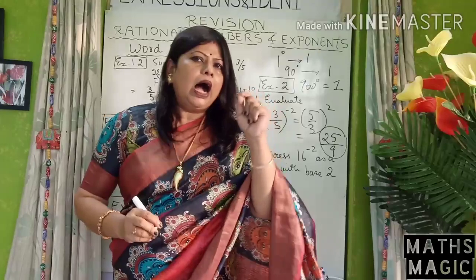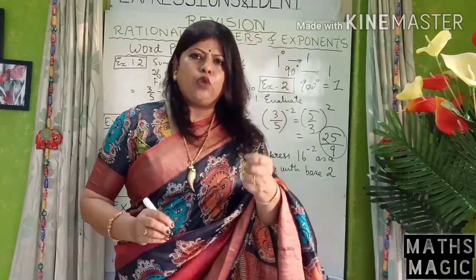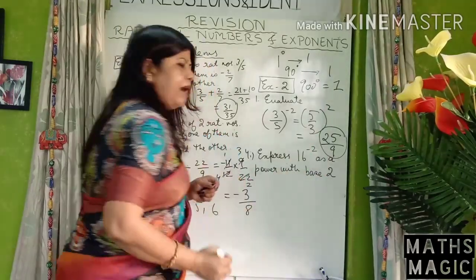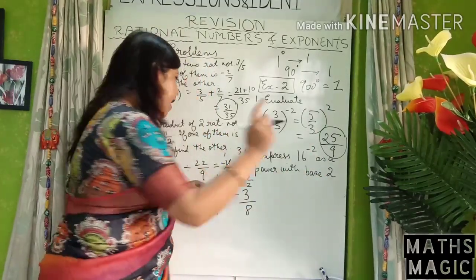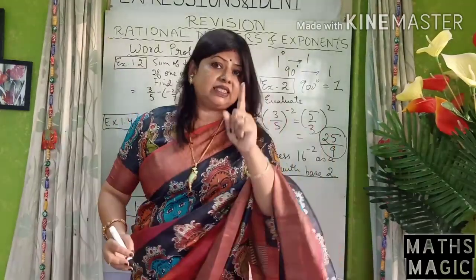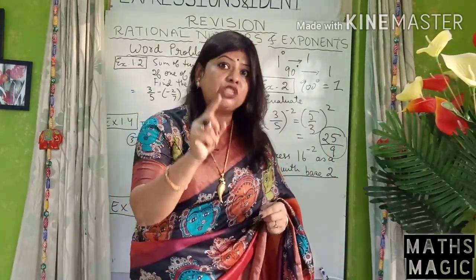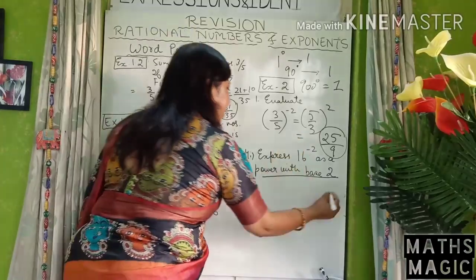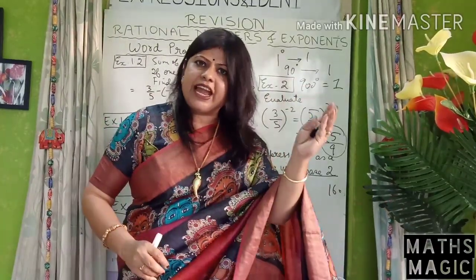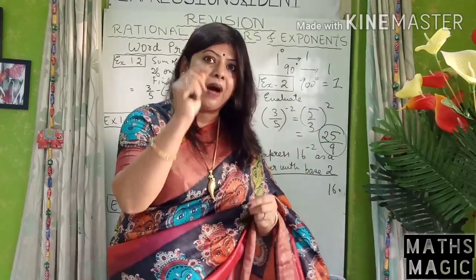Follow students, another little different kind of question here in exponents. You see, express 16 to the power minus 2 as a power with base 2. So here your base is 16, you have to change the base to 2. Now 16 is 2 to the power what? 2 2s are 4, 4 2s are 8, 8 2s are 16, that means 2 to the power 4.